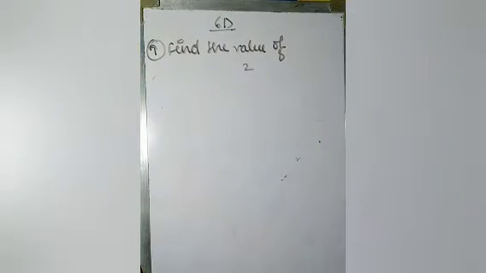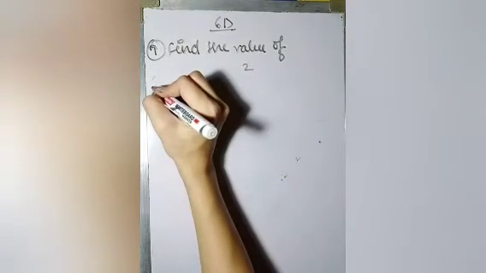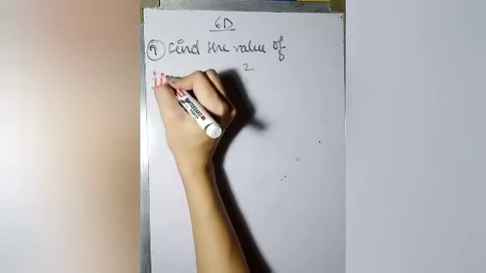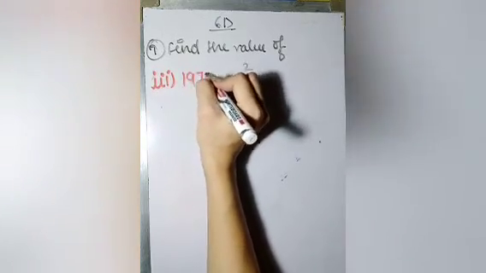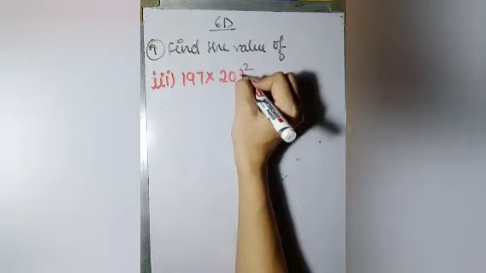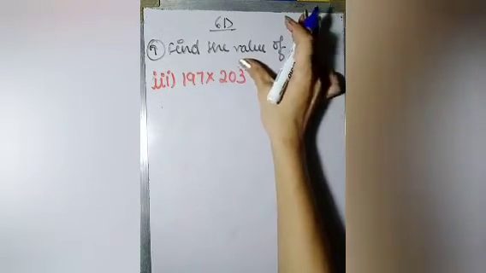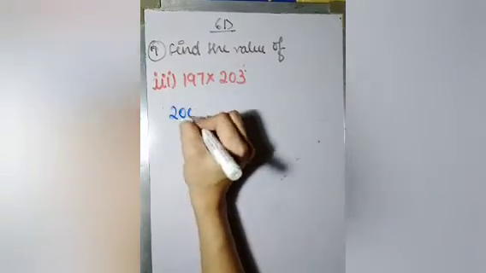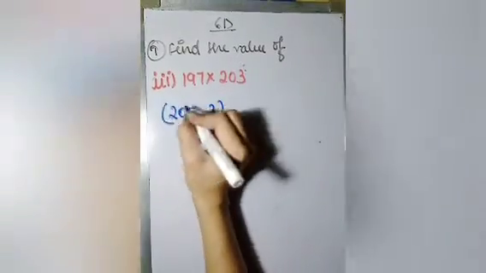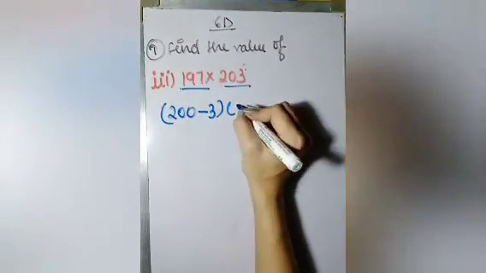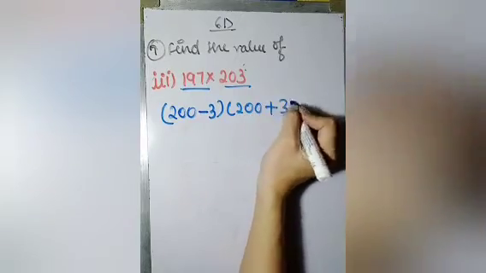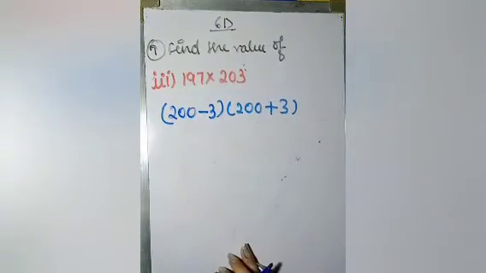Now look at the 3rd part. 197 into this. See, students, you can write it as 200 minus 3, right? And we can write this as 200 plus 3, right?